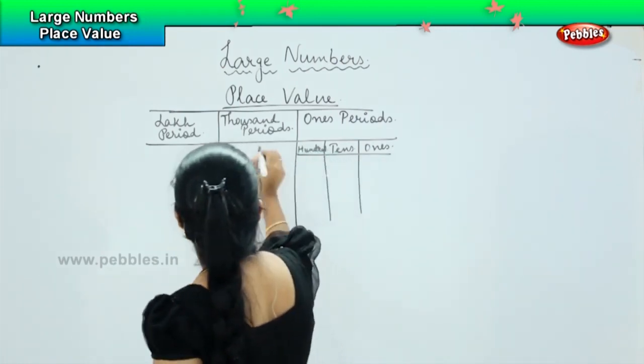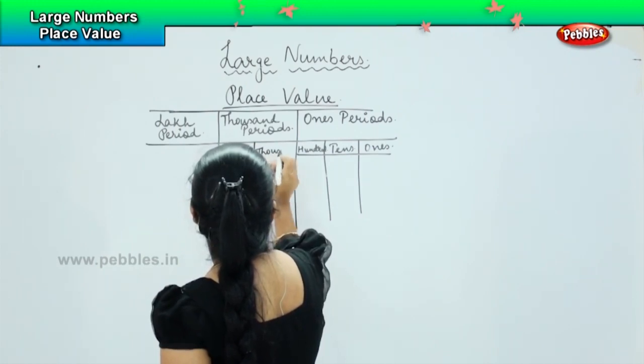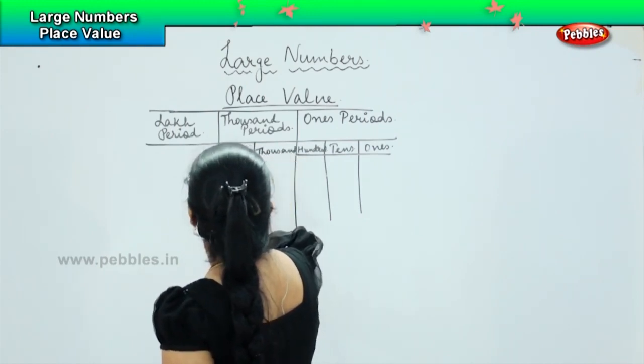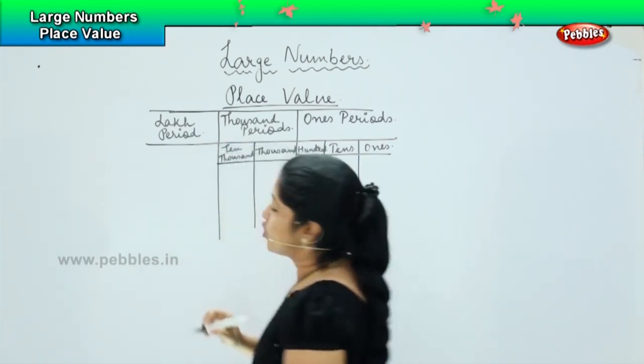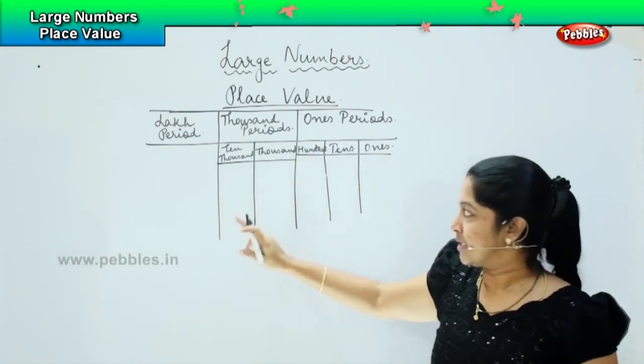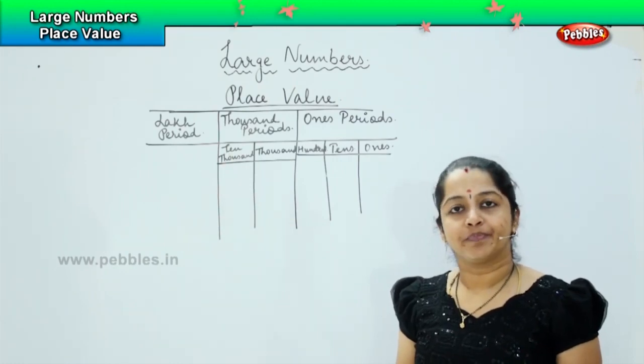Okay. So the thousands period is divided into two parts, which are 1000 and 10,000. After 10,000, I will be separating it with a comma again.